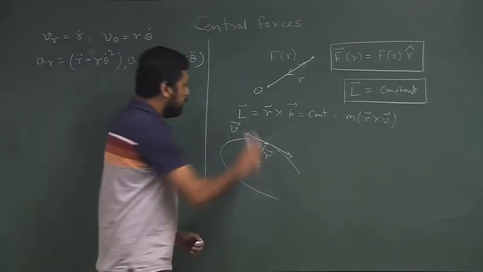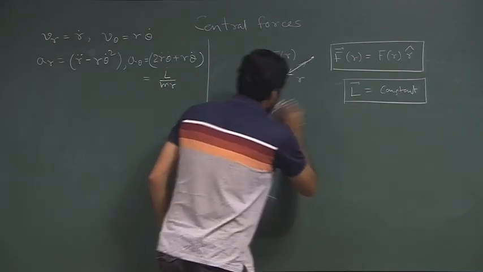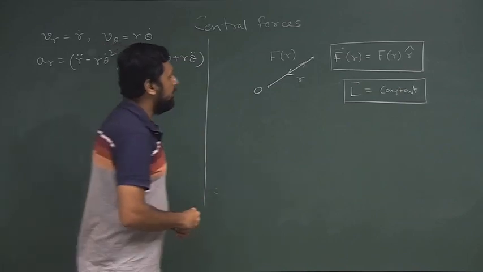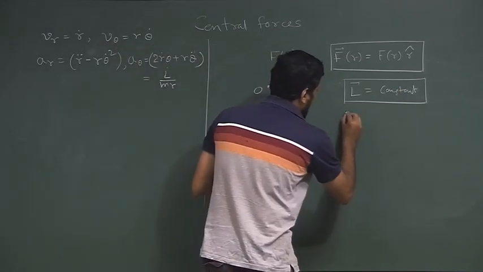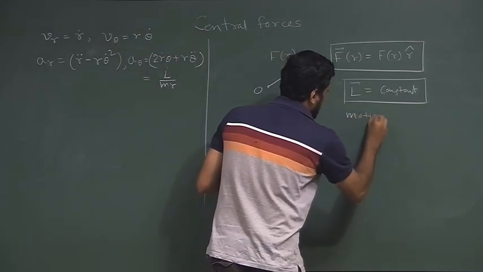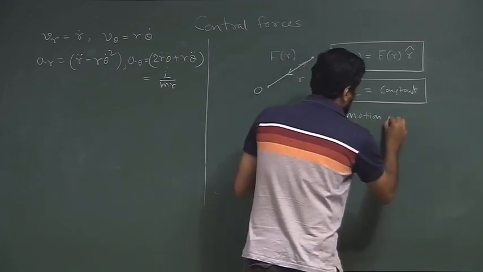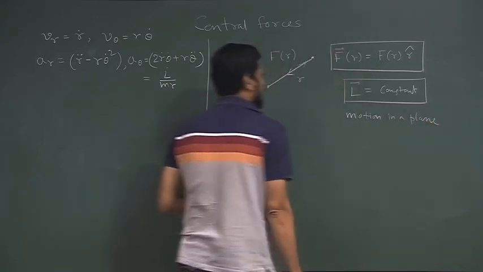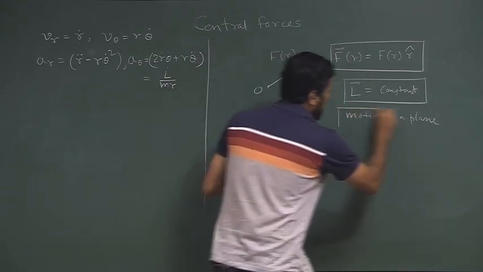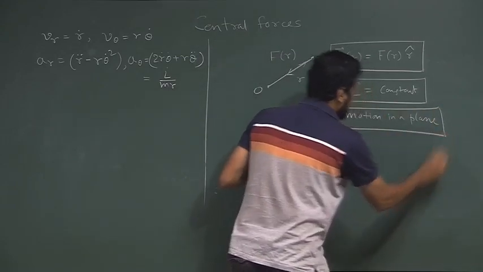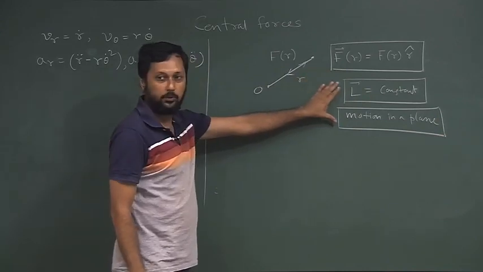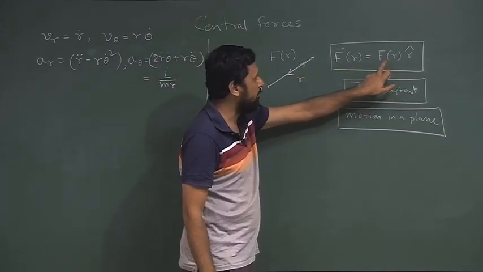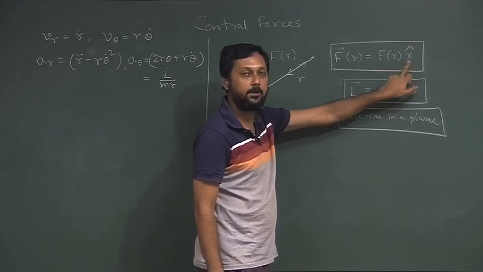So, we immediately see that the two properties of central force, namely motion in a plane and L being a constant vector, are an immediate conclusion of F having this particular form, F(r) times r cap.